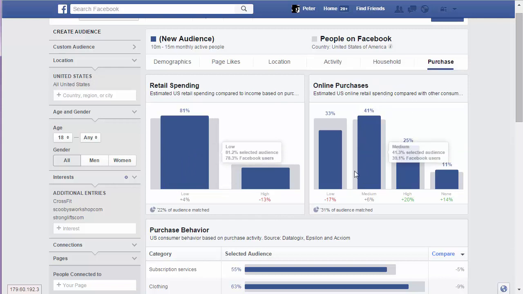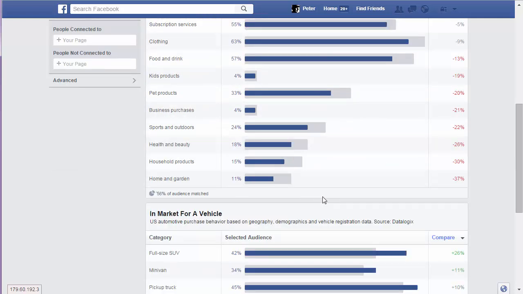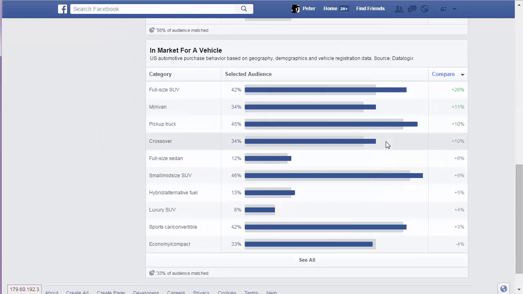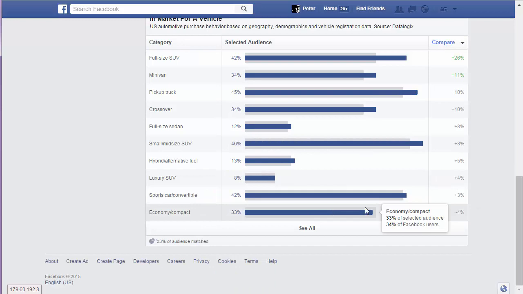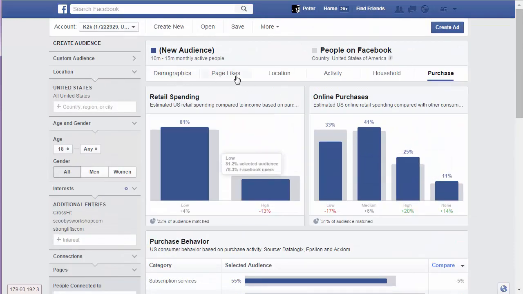And yeah, they're above average on spending there, and they like buying clothes, food and drink, pet products, and subscription services. Some of them drive pickup trucks or SUVs or sports cars. Okay, so an interesting cross section of people. So no more particularly great clues there.